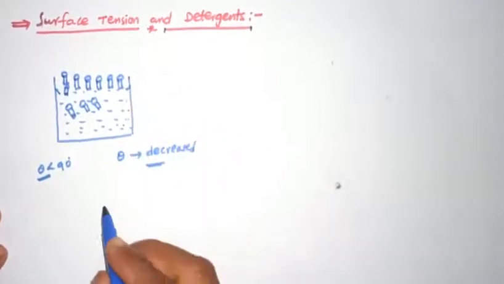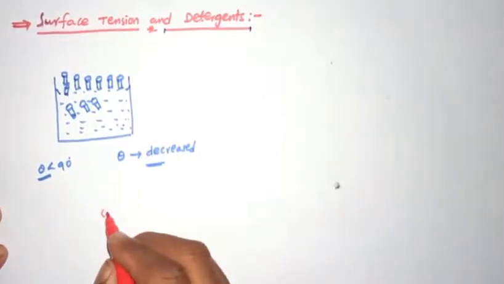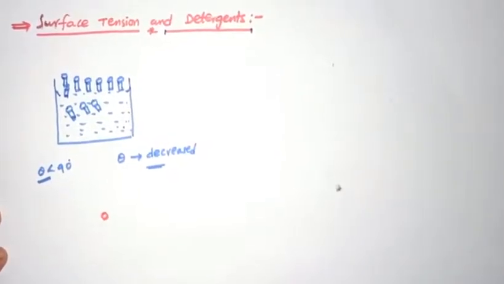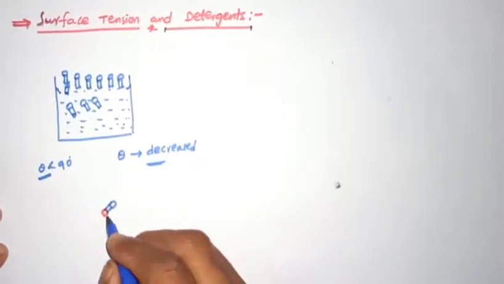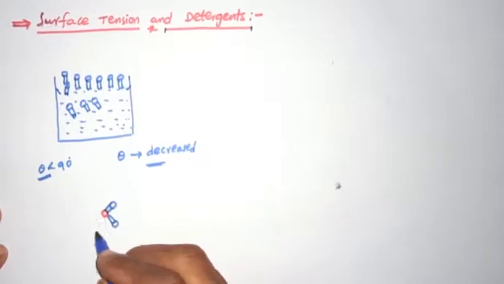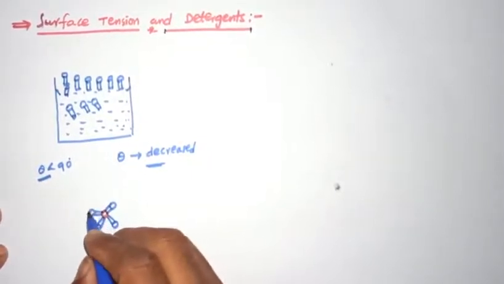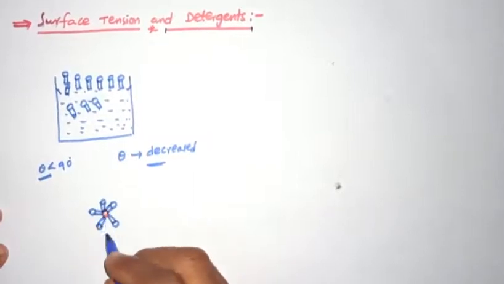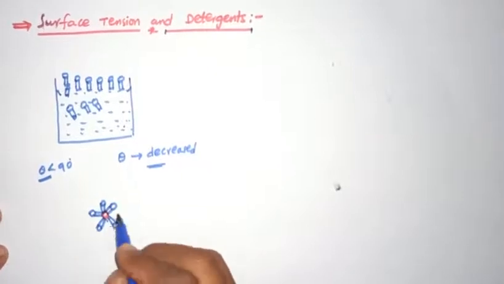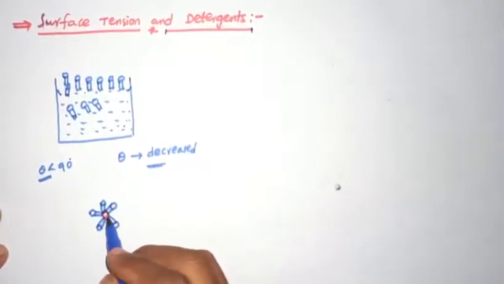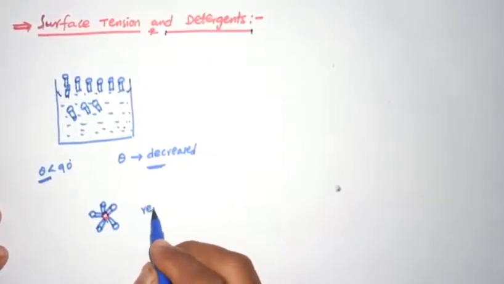For example, consider this greasy particle. It is surrounded by detergent particles, which stick around that greasy particle. Then the stains are removed easily.